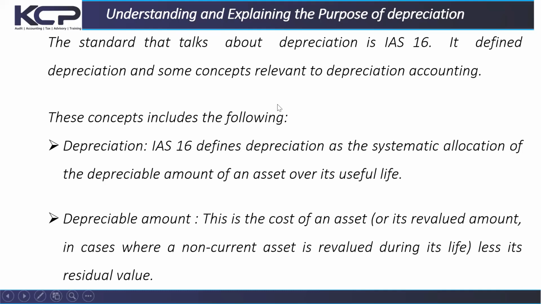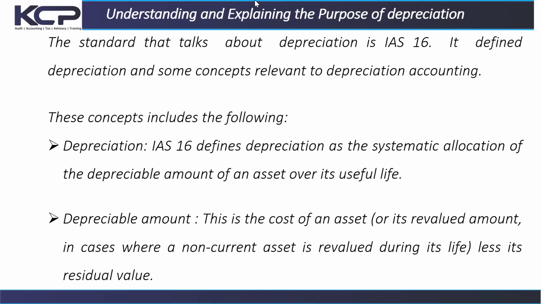Some of these concepts are depreciation itself, which represents the presumable portion of that asset that is attributable to usage for business purpose. It also talks about the depreciable amount. When the cost of an asset is 3 million, say for example, and that asset is expected to be used for 3 years, after which the scrap value will be 0, then the depreciable amount is the original cost minus the scrap value, which gives you 3 million.